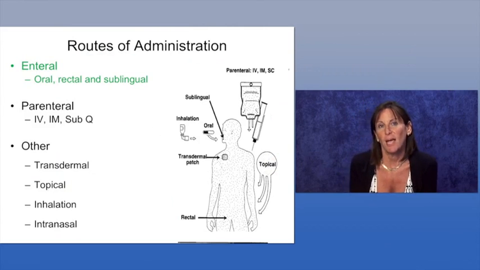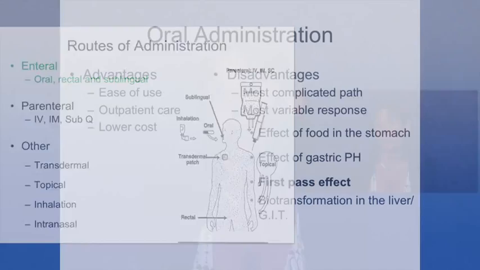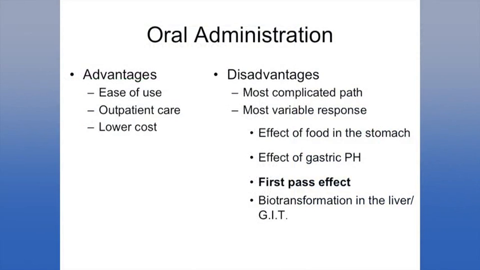So how is it decided what is the best route? Well, for some of these, we're going to look at the pros and cons of different routes of administration. And by far and away, the most common way to give a drug is by mouth, or PO. The obvious advantages are the following. Easy to use. You write the prescription, the patient takes it home, gets it filled at the pharmacy, and takes it according to the schedule that has been advised.